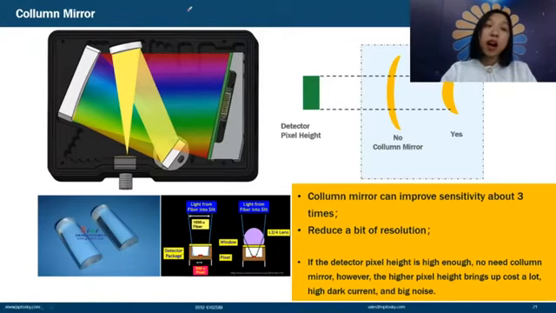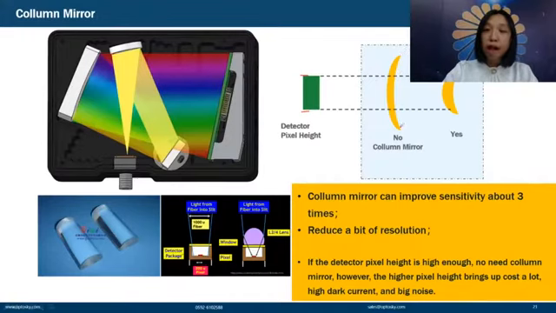And next, we also need to mention the column mirror. This is what the column mirror looks like. Before, we have already introduced the detector height, usually 200 micrometers, but the spot beam usually looks like a crescent moon.